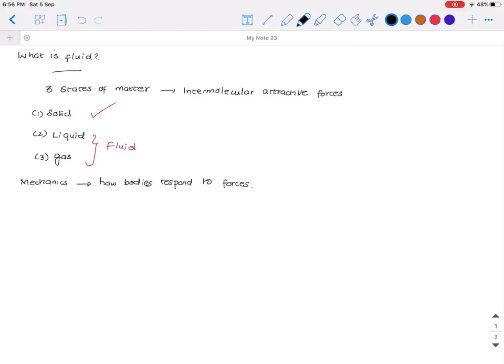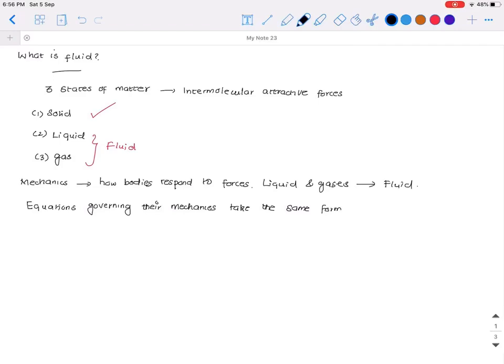So liquids and gases are called fluid together, and the equations governing their mechanics take the same form. That is why they are grouped together in this category called fluid.